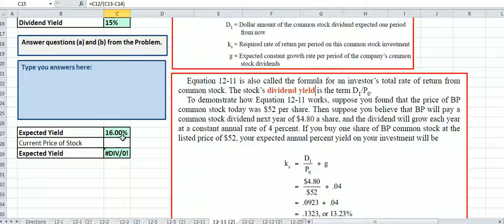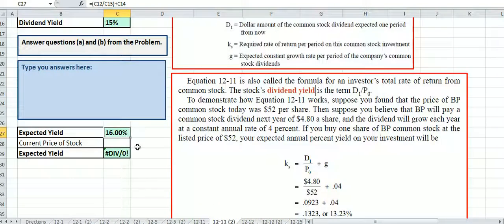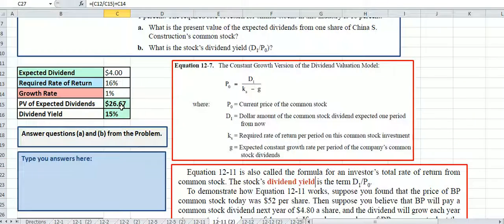I put in a formula right here, which is the dividend yield formula plus the growth rate. That's saying that when we have a value of the stock at 26.67, then the return on that stock, with this price, this dividend, and the 1% expected growth rate, is going to be exactly equal to the required rate of return.